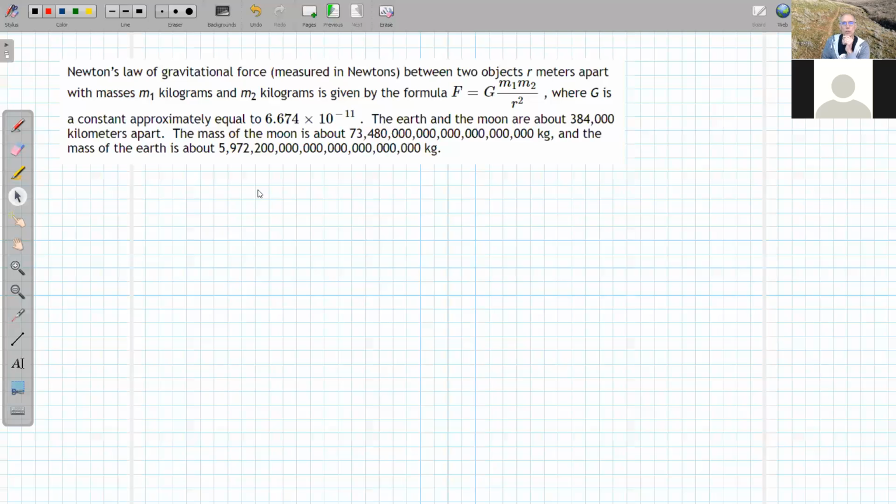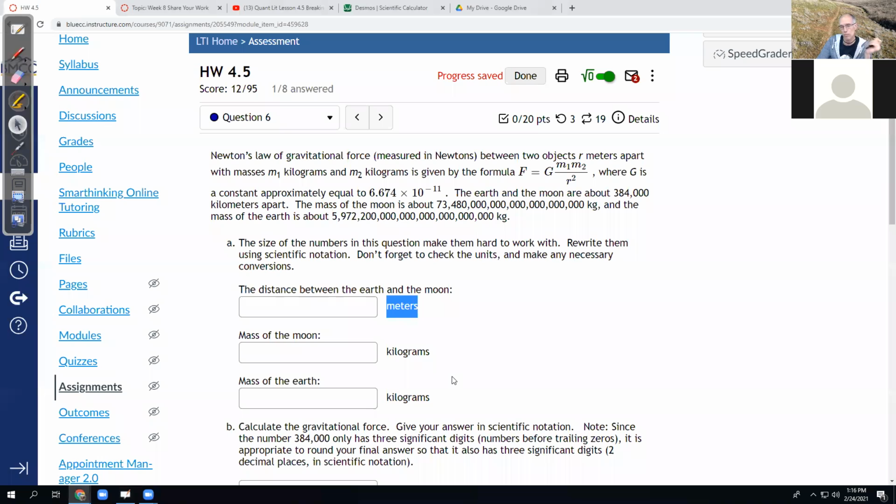So then we just have to carefully count here, and fortunately the commas are in there, so that helps. One thing, if we don't pay attention, is the distance between the Earth and the Moon, the 384,000, is given in kilometers. But in the question below, we're asked for meters.